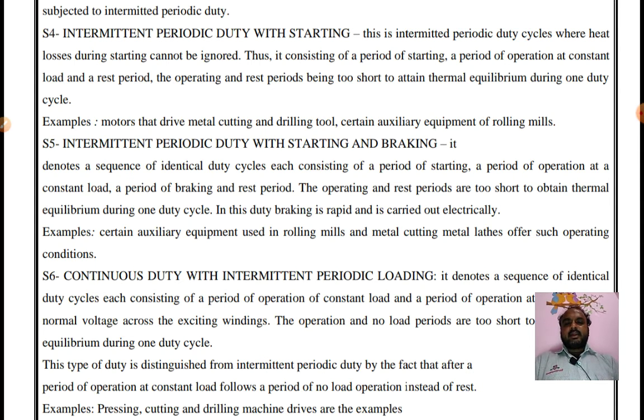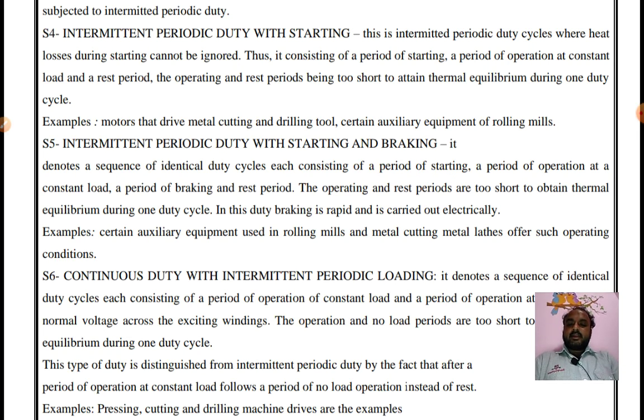It has identical duty cycles, each consisting of a period of starting, a period of operating at a constant load, a period of braking and a rest period. So these drives are used for periods of operation at a constant load. That's why these types of drives are called intermittent periodic duty with starting and braking.